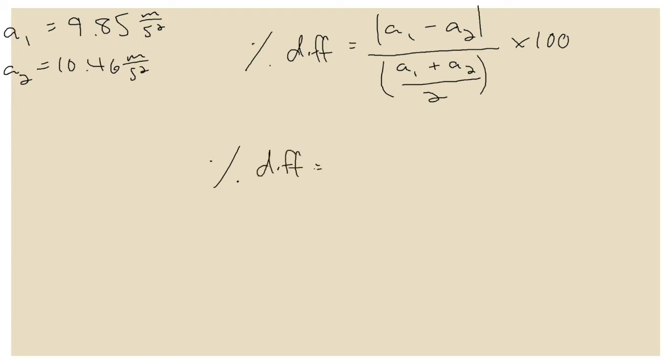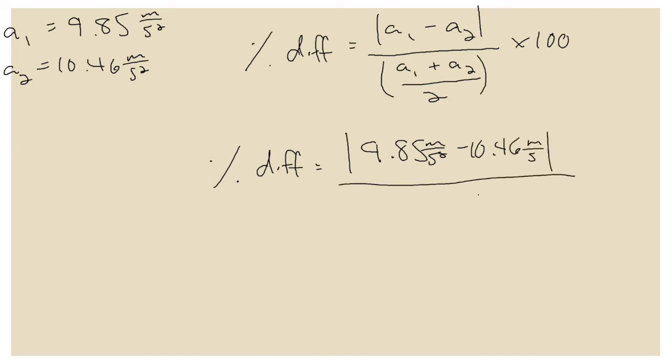And so if we did that, we would get 9.85 meters per second squared minus 10.46 meters per second squared over 9.85 meters per second squared plus 10.46 meters per second squared.